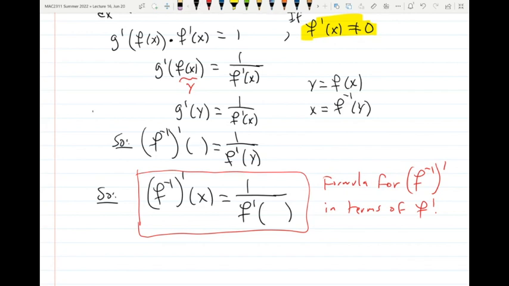I still have the same thing as before. Okay, so instead of an x, I kept my y here. I just replaced g by f inverse, because g is equal to f inverse, and then this y is still here. And then all I did was change this x to f inverse of y, because if y equals f of x, then x is f inverse of y.